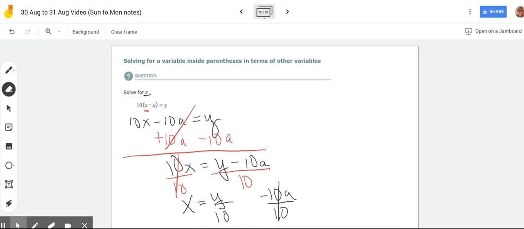Minus 10a. I don't know what the heck I was thinking. And that would cancel, and you'd end up with just a minus a. So both of these are accepted answers. I don't know which one Alex would ask for. So I guess you guys will figure that out.